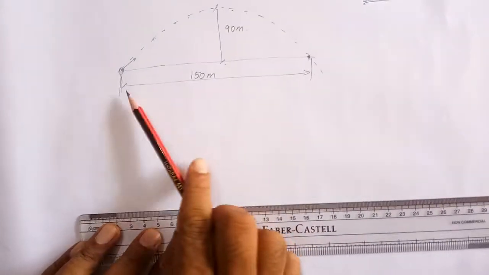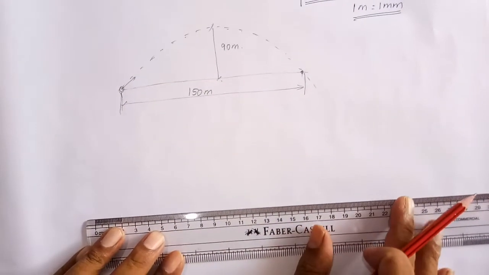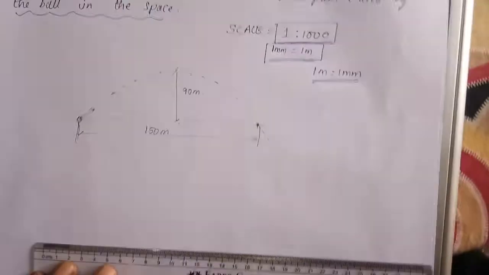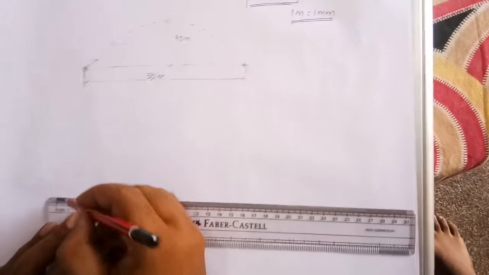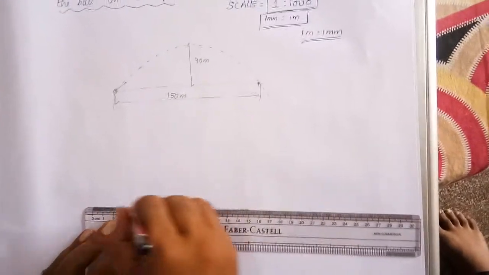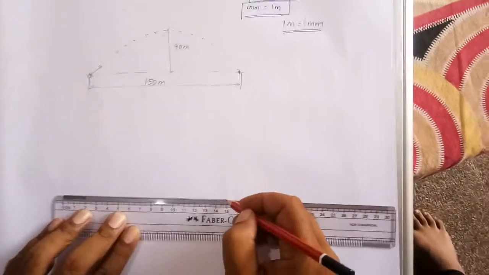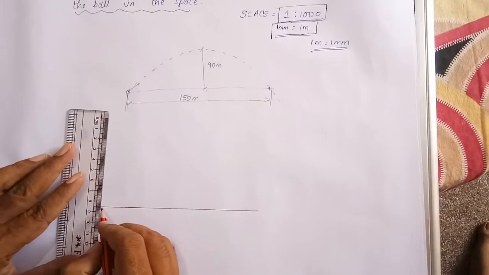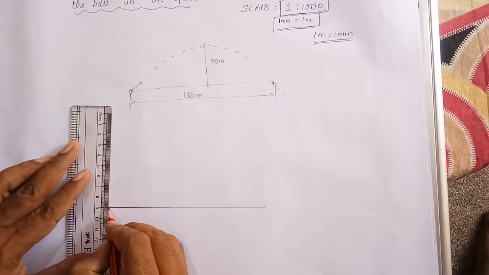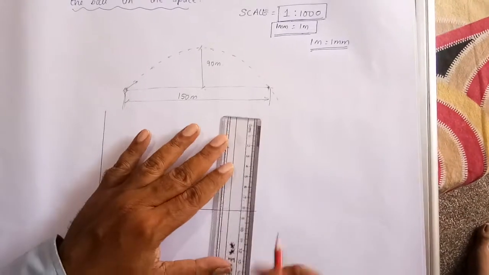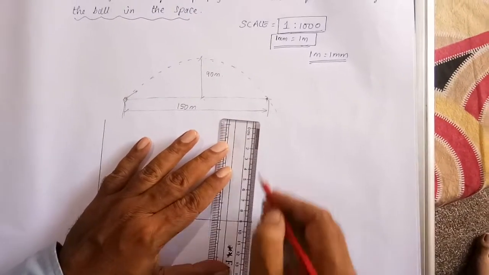Now construct a rectangle of size 150 meter, that means 150 mm, and height 90 mm. Here also 90 mm.